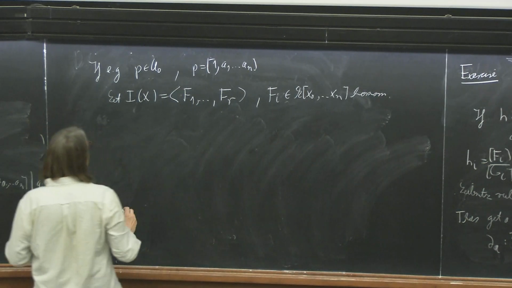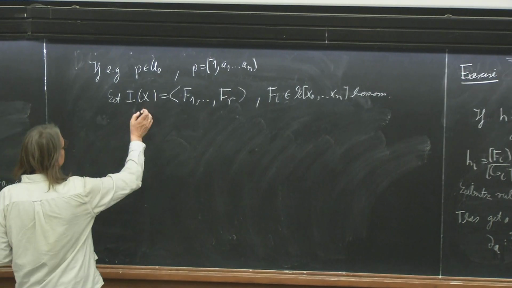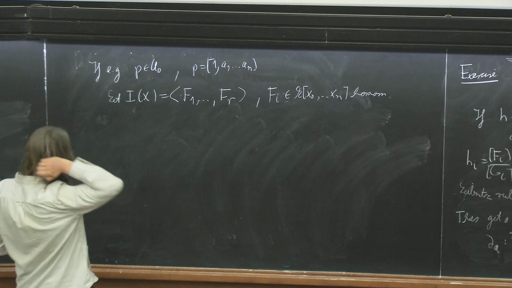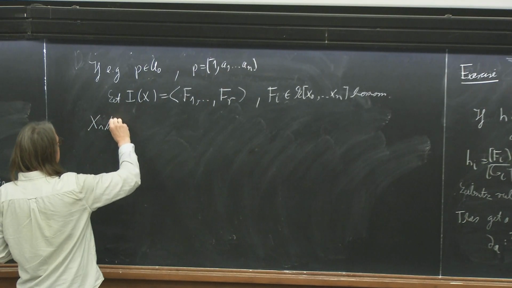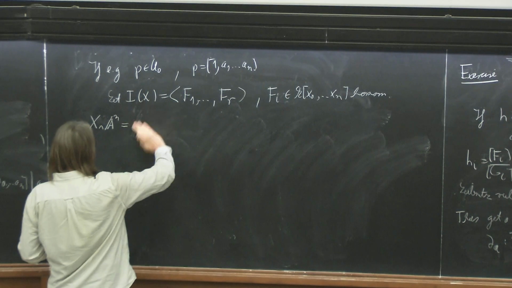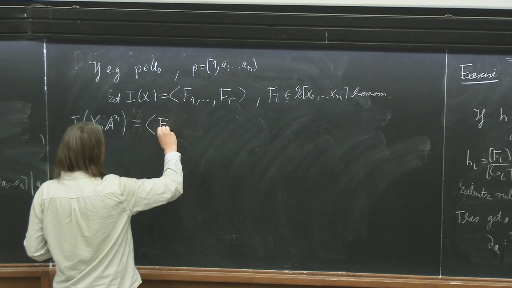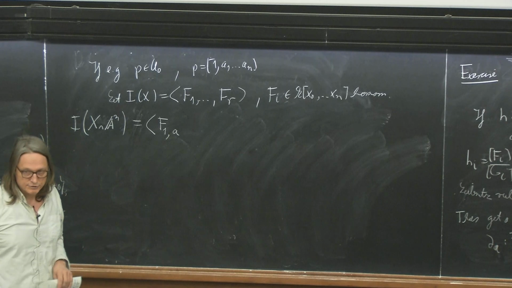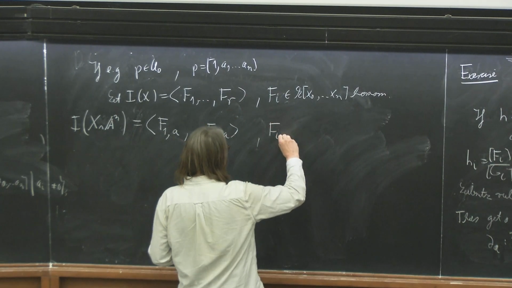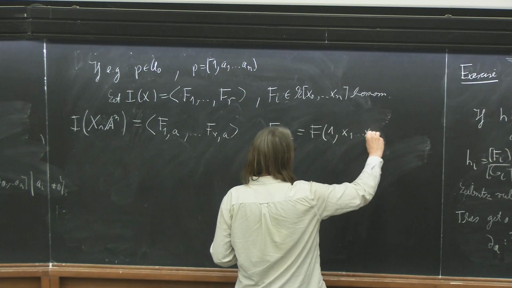And we know that, I now just write this as phi_0 applied to X intersected U_0, so X intersected A^n is the zero set, actually also the ideal, generated by the dehomogenization of F1 until Fr, where Fi^a is equal to Fi(1, x1, ..., xn).